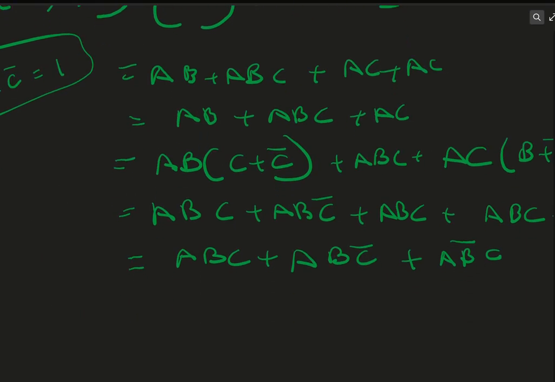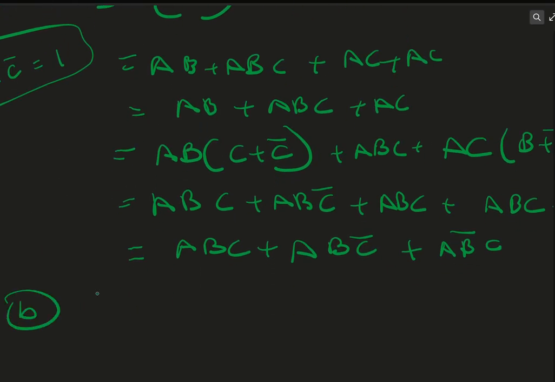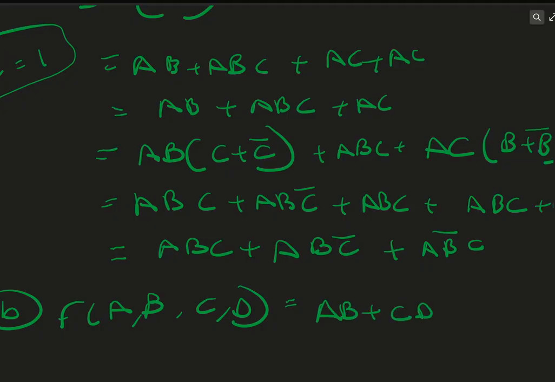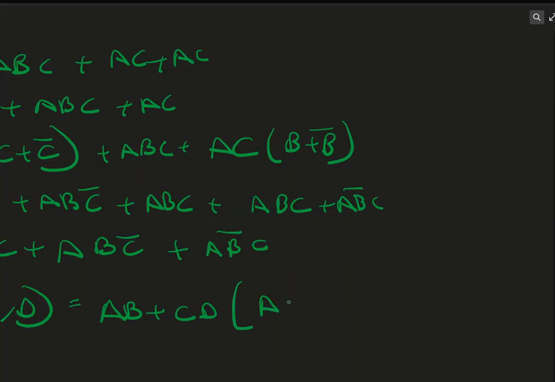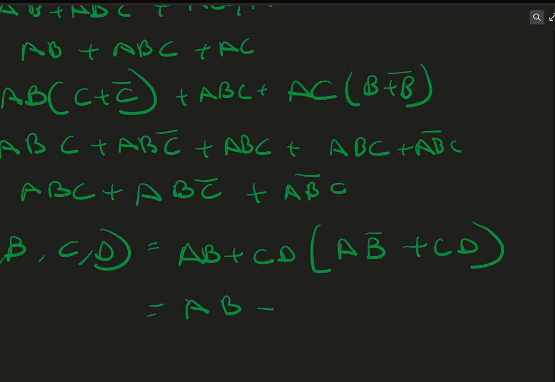So let's go for number B. It's f(A, B, C, D), it's AB plus CD. It's A B prime plus C D. So we just multiply them, A B prime C D, and that's CD, even CD.